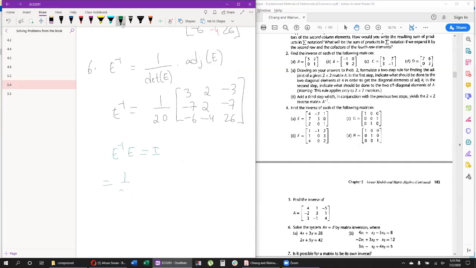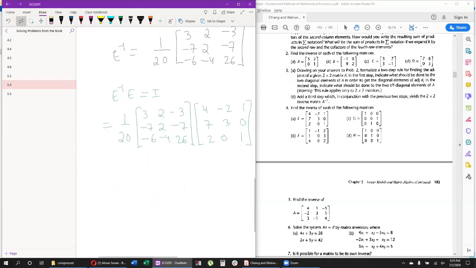So we have 1 by 20, 3, 2, minus 3, minus 7, 2, 6, minus 4, 26. And we're going to be multiplying this with the original matrix E, which is 4, minus 2, 1, 7, 3, 0, 2, 0, 1.